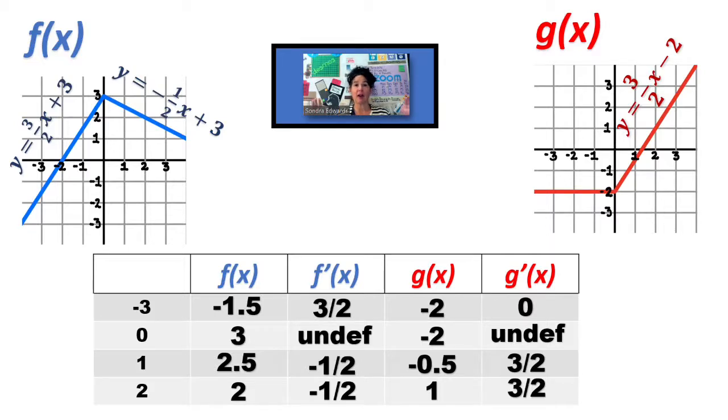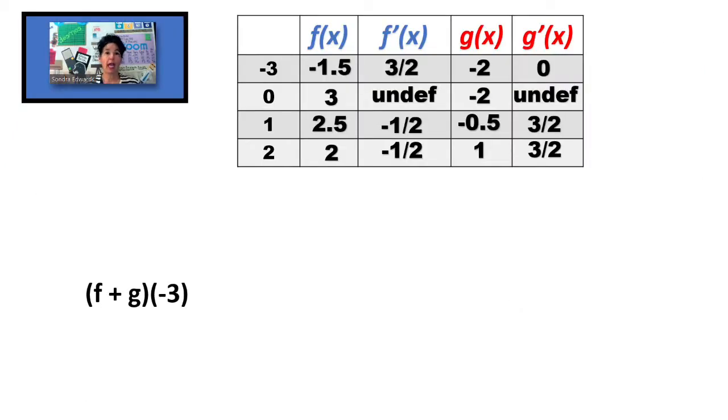Now that we have evaluated a handful of points, we're going to use this table to then evaluate some further derivatives. So we went through and evaluated the f function and g function and their derivatives at a handful of x values. I did that because I just wanted to have that piece done, so now we can focus on the notation of a handful of problems.